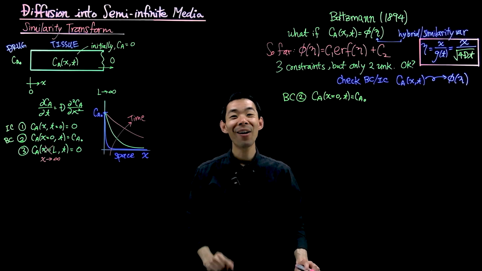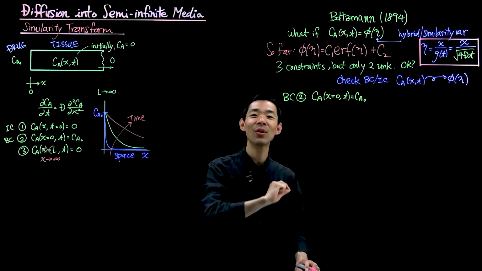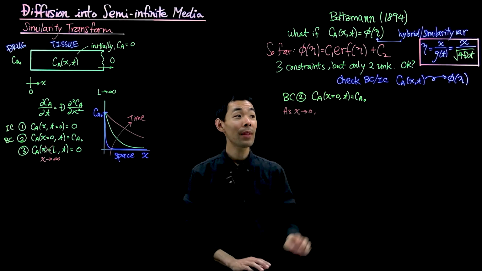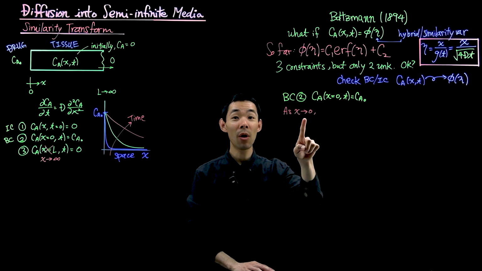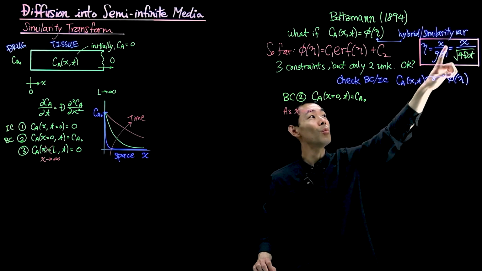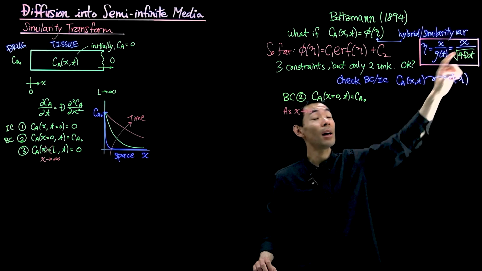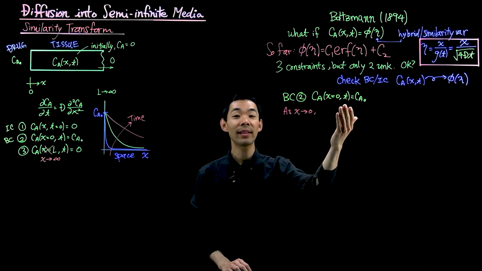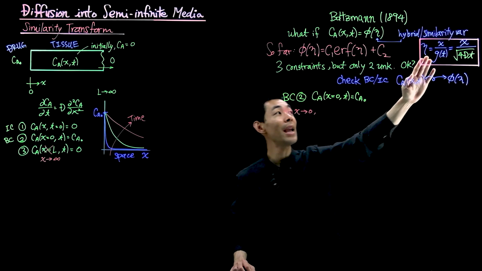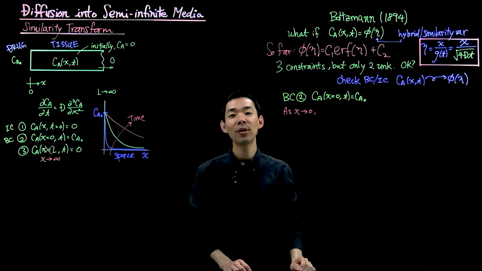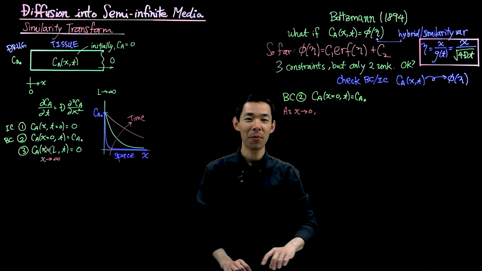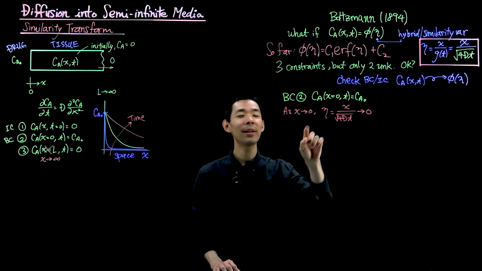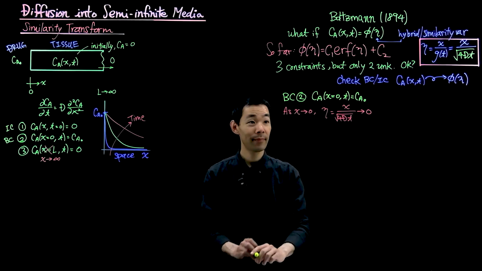We need to figure out how x then converts over to eta, the similarity variable. You can see that at x equal to 0, the numerator of the similarity variable eta goes to 0. And therefore, x going to 0 for finite time is equivalent to eta going to 0, because the numerator x is going to 0. Therefore, we can convert this boundary condition into phi and eta.